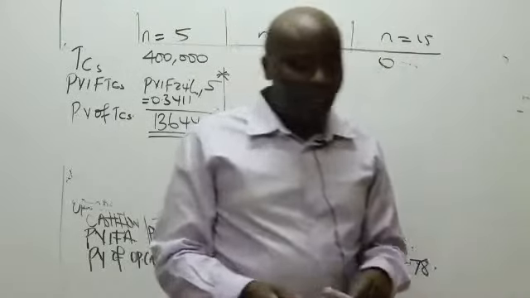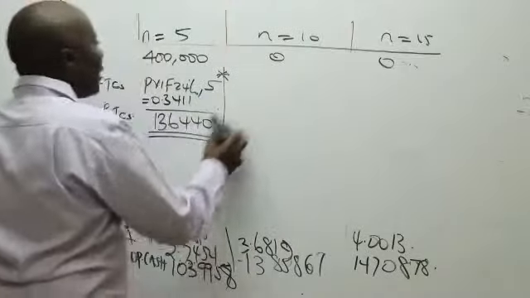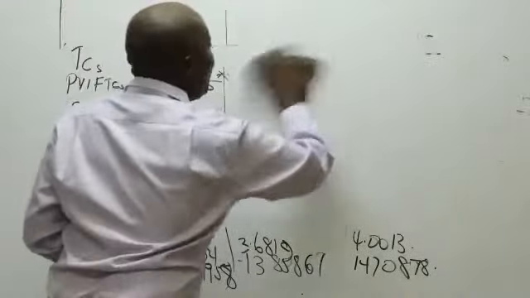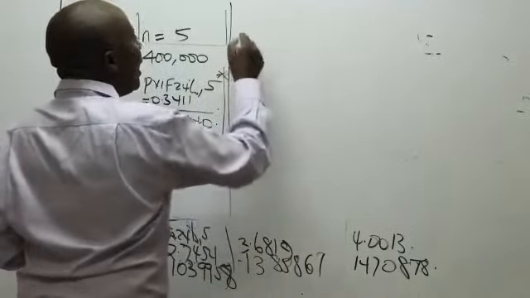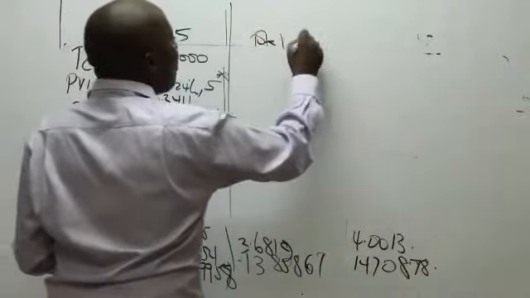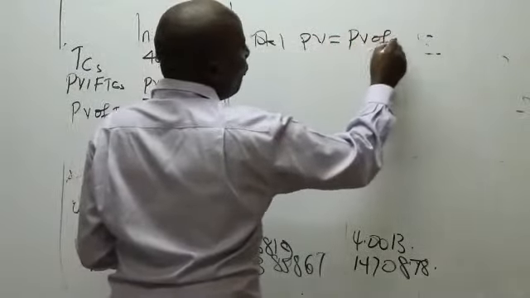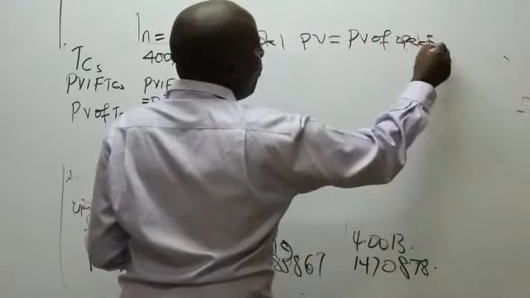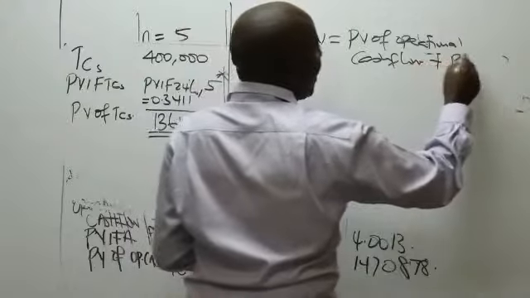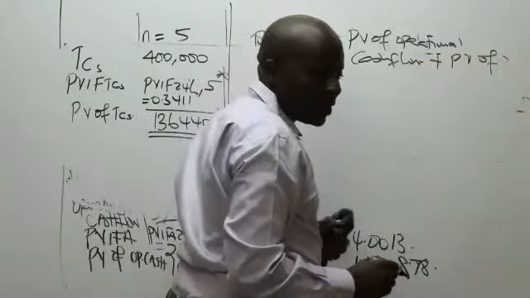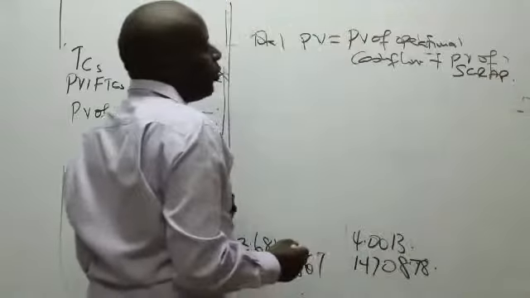What they're telling me now, I understand. These are bright students. They are telling me, Mwalimu, you know what? We are very bright. What we do is to come here and ascertain the total present value, which will be the present value of operational cash flow plus the present value of scrap, the terminal cash flow.